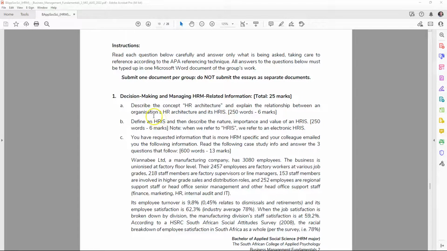You are asked to describe the concept HR architecture and explain the relationship between an organization's HR architecture and HRIS.